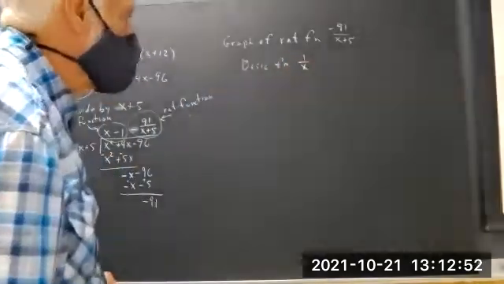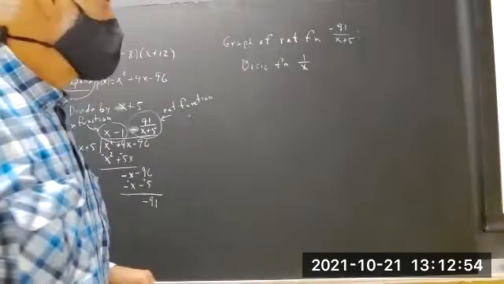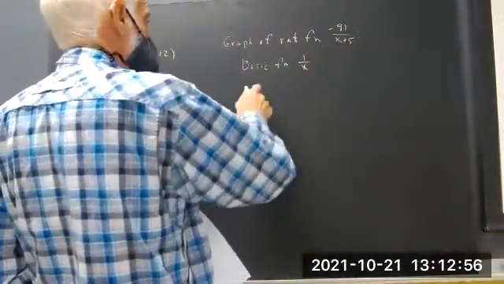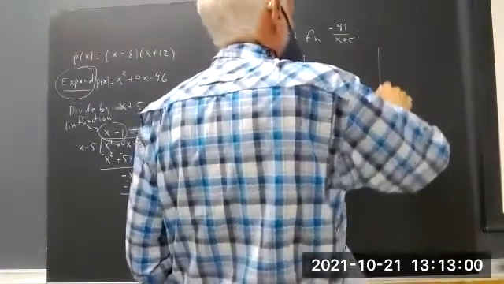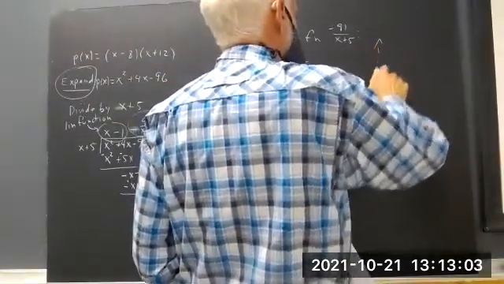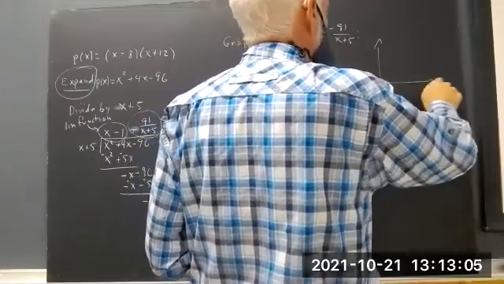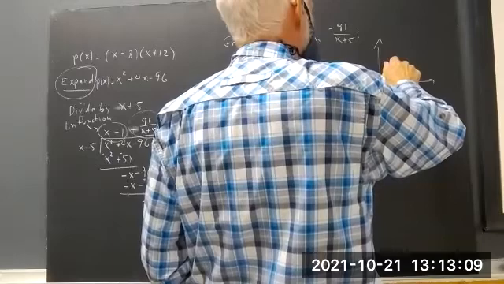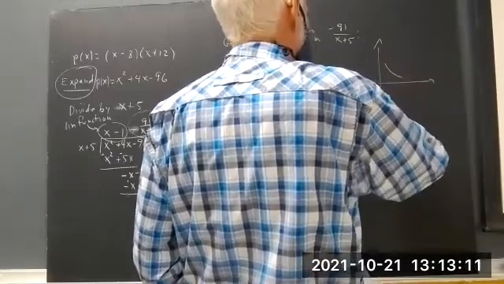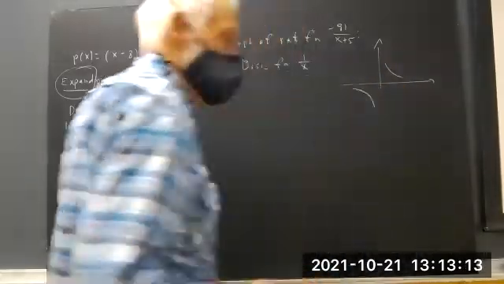You have the basic function 1 over x. Then we're going to have a graph like this.